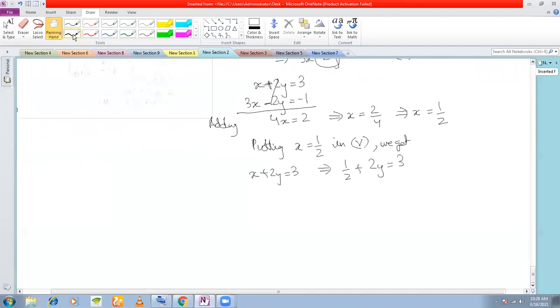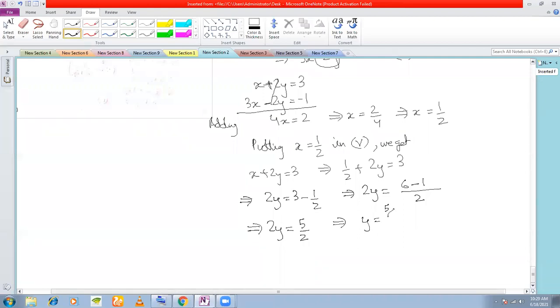You take half on the other side. 2y is equal to 3 minus half. Now you take the LCM. 2y is equal to 3 into 2 is 6 minus 1. And 2y is 5 by 2. That means y is 5 by 2 by 2. That means y is 5 by 2 into 2. That means y is 5 by 4.